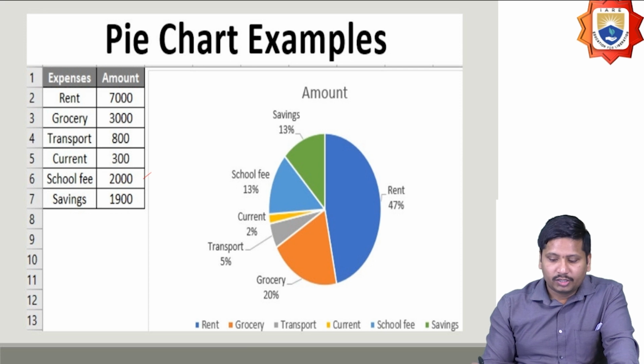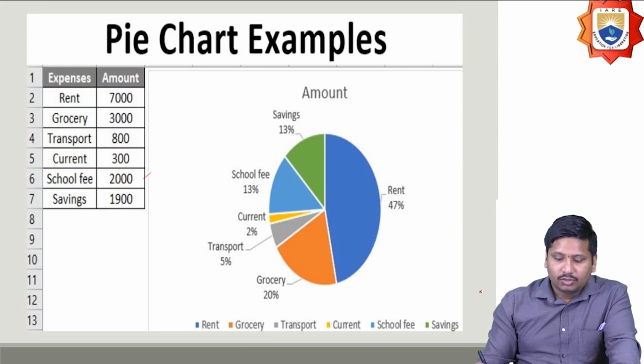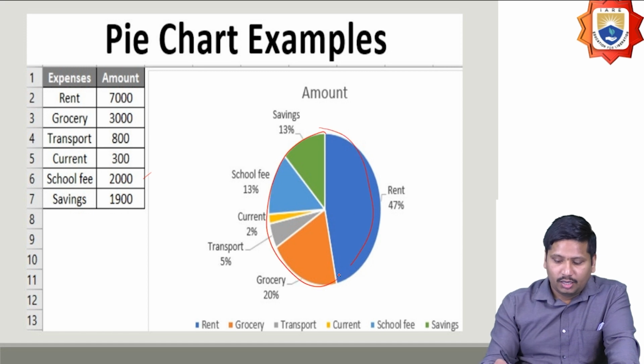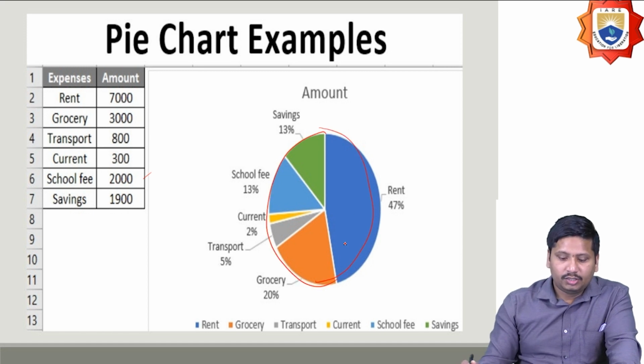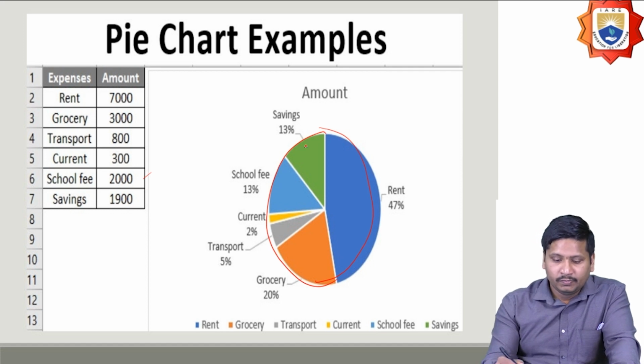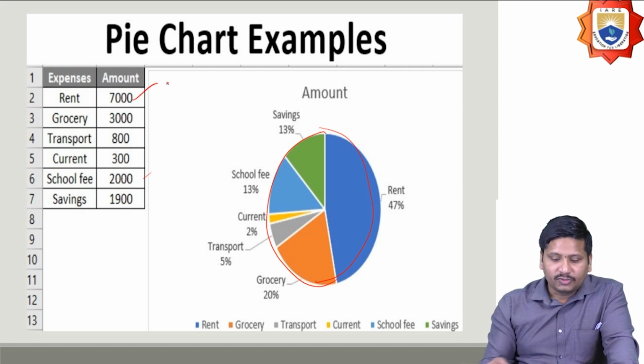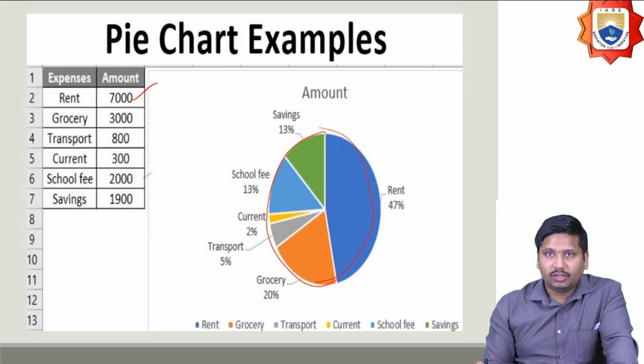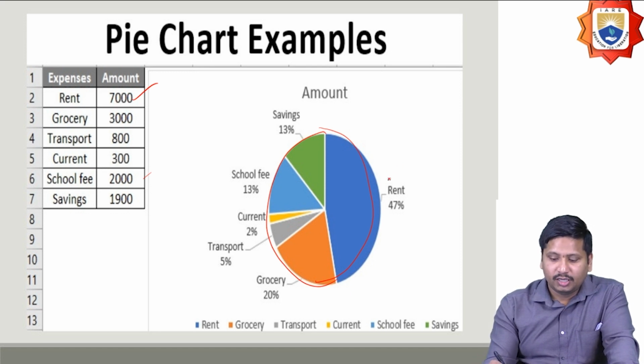So how are we going to construct it? Make a circle and represent this in the form of a pie chart, right? Let's take this maybe 7,000. Considering the total amount, this should be 47% here.